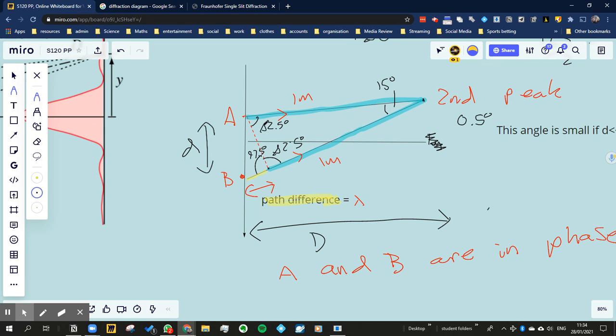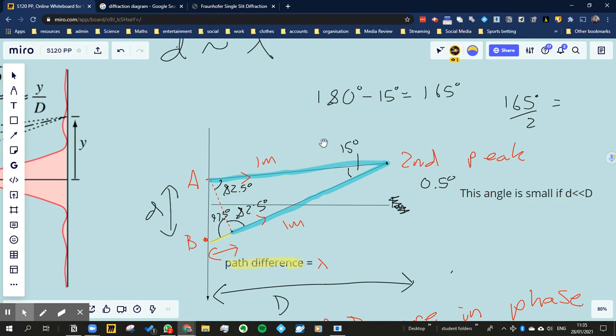So the remaining two angles must be the same, and 180 minus 15 is 165. So the remaining two angles must add up to 165.